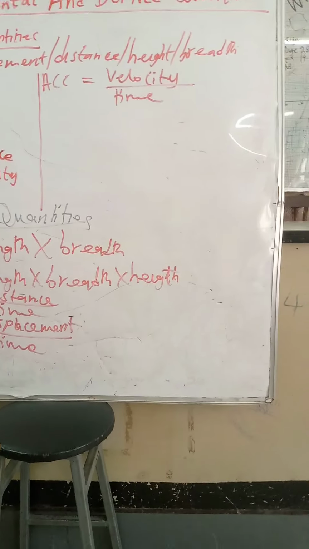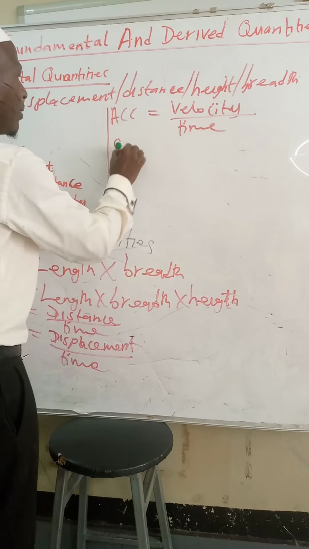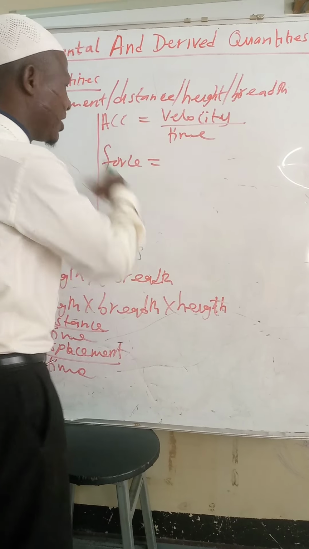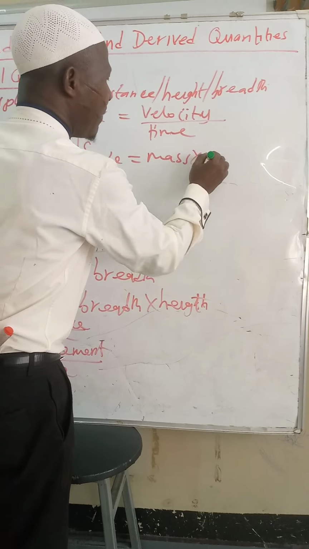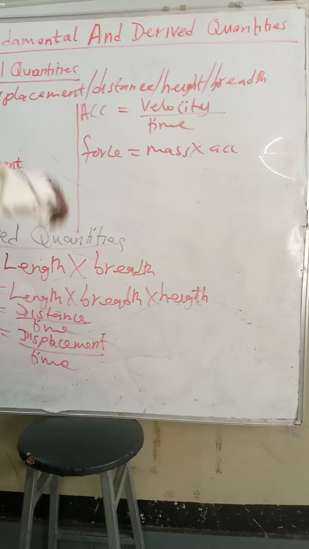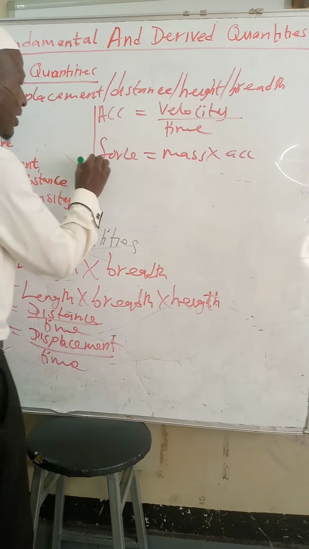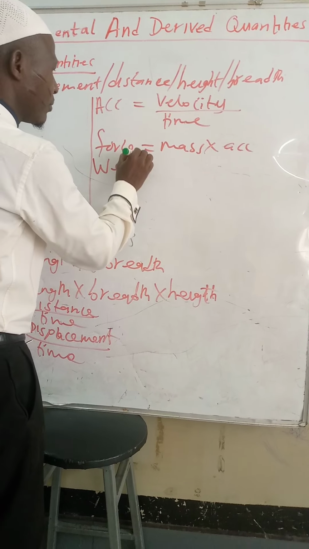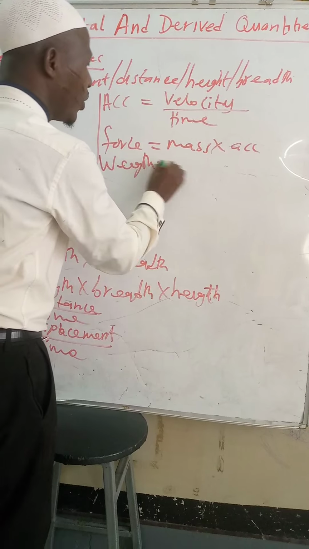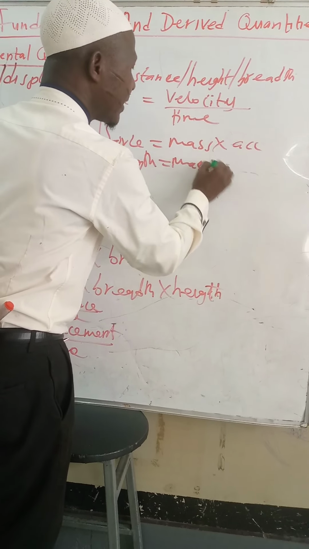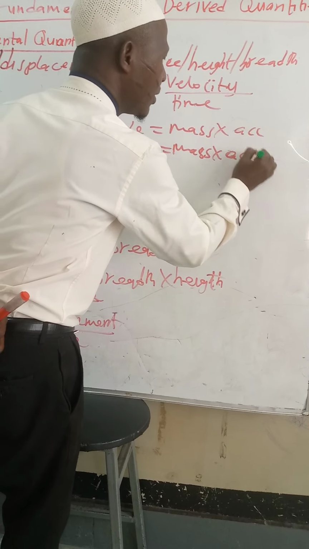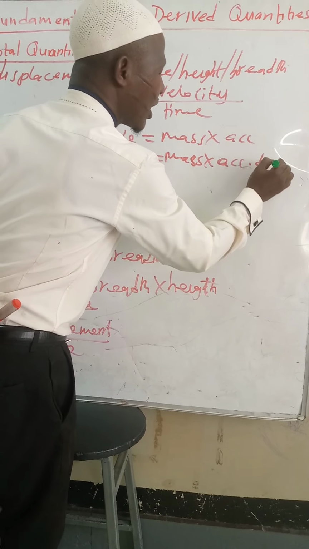So we have energy, we have force. Force is also a derived quantity. We derive force from mass multiplied by acceleration. We have weight, almost the same thing. Weight is from mass times acceleration due to gravity.